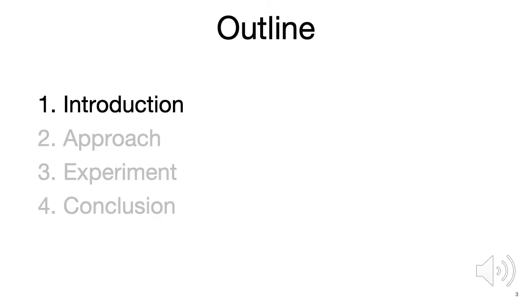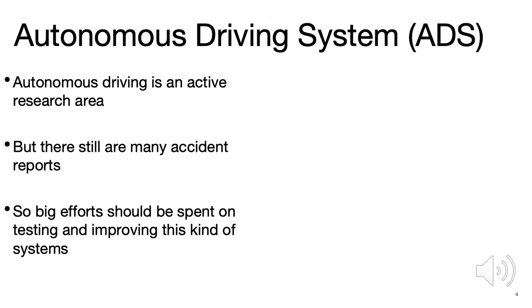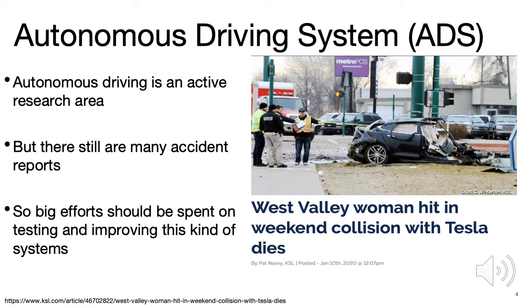So firstly, the introduction. As we all know, autonomous driving is an active research area, and much research has been put into it. But there are still many accident reports, such as this collision with a Tesla.